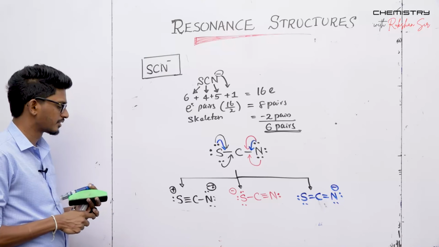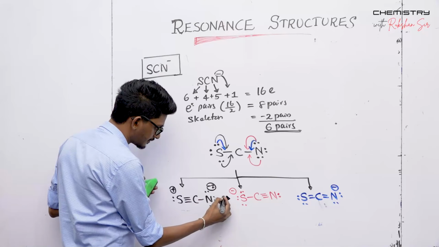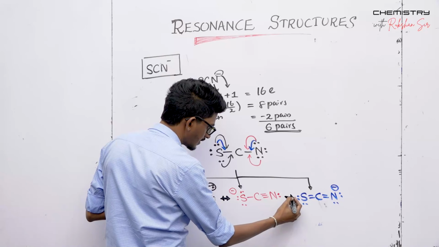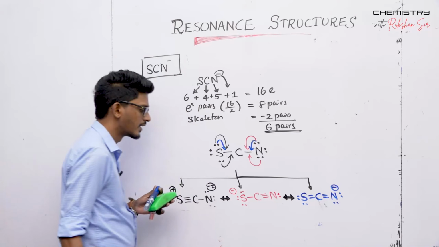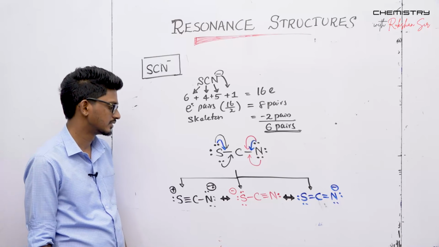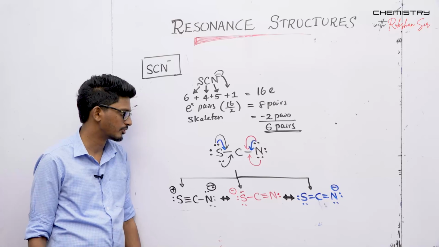So these are the 3 resonance structures possible for the CN minus. 3 different acceptable structures which can be drawn for the given skeleton, for the given molecule or the given ion. These are the resonance structures possible for CN minus.